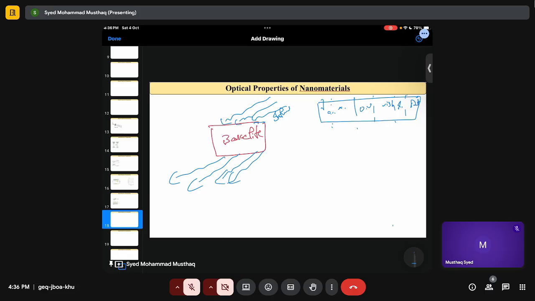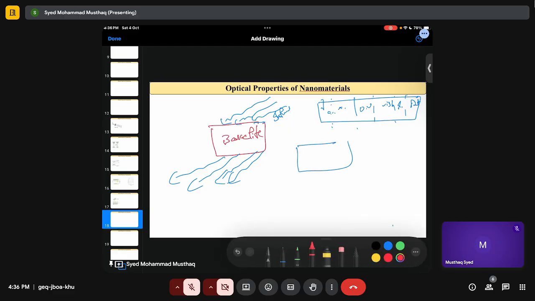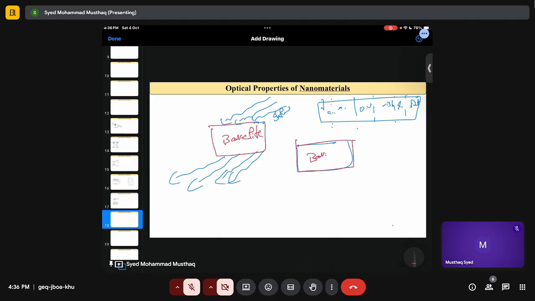But if you irradiate with visible light, white light, the sunlight, then the Bakelite is totally opaque. With visible light, it is opaque.